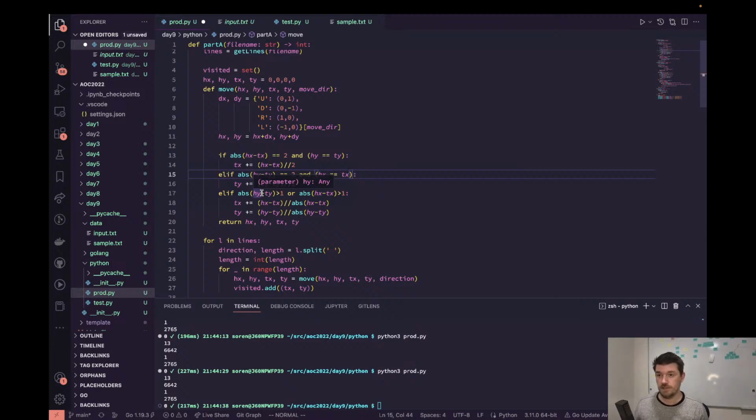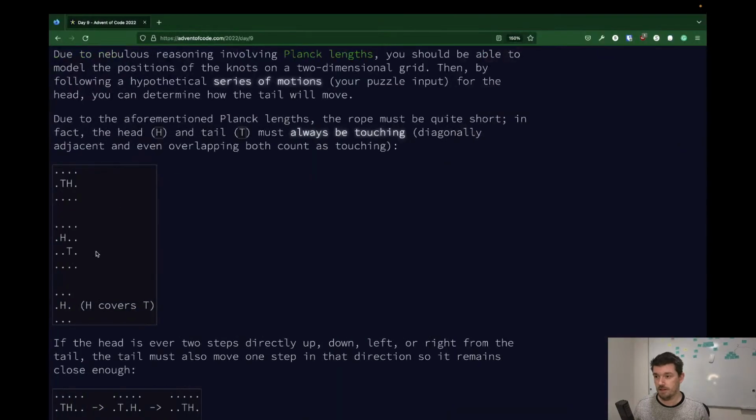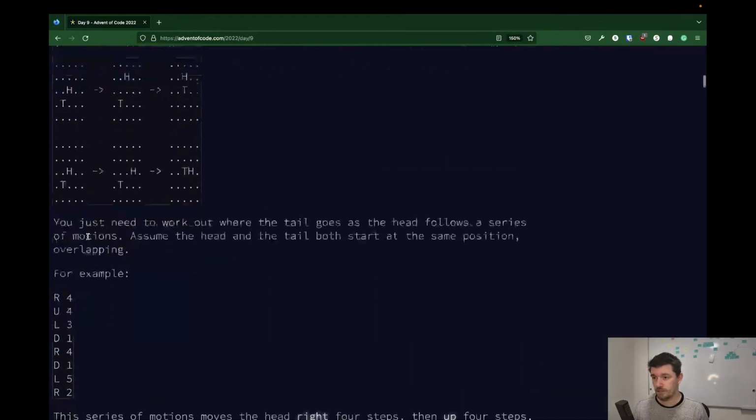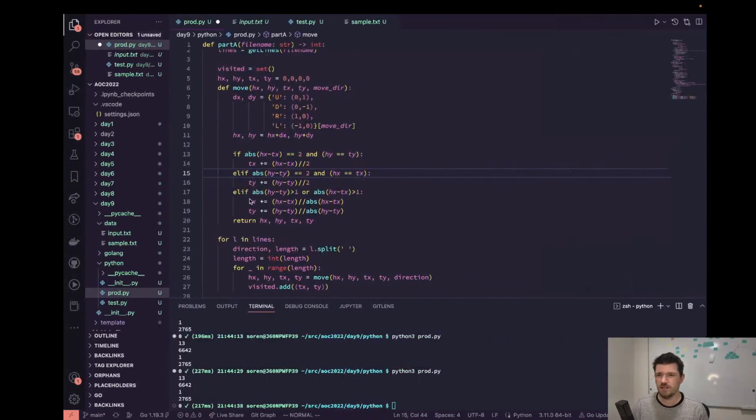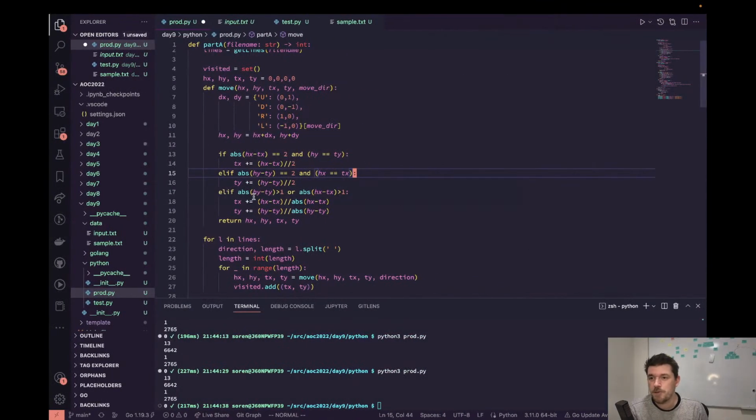So if we look at really anywhere, like this one, all of these ones that are around it will always be, you guys know how circles work. So if the difference between either the y or x coordinates is more than 1, then we have to make an adjustment. And I was kind of happy with this little trick here, because it took me longer than it should have in my head.